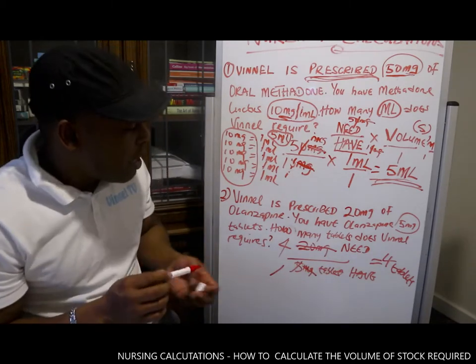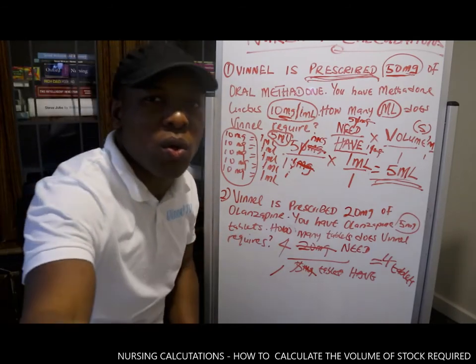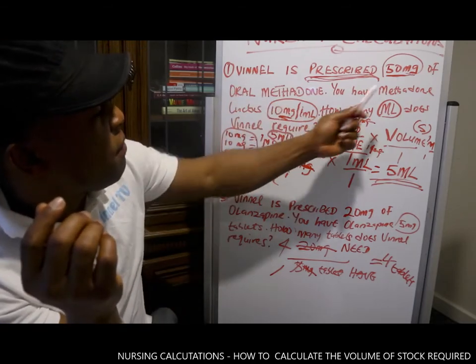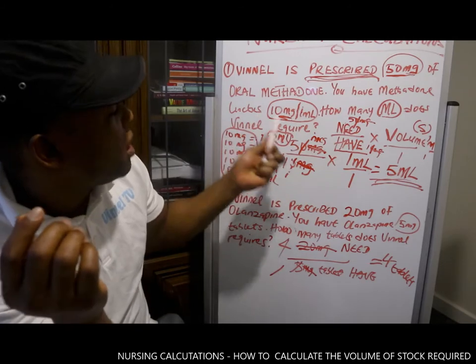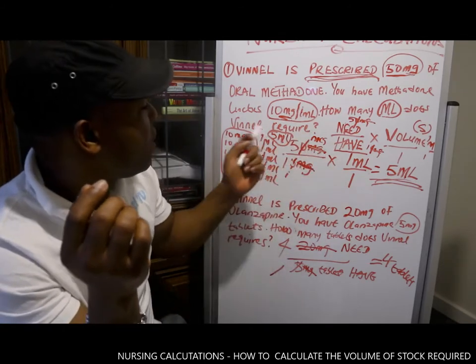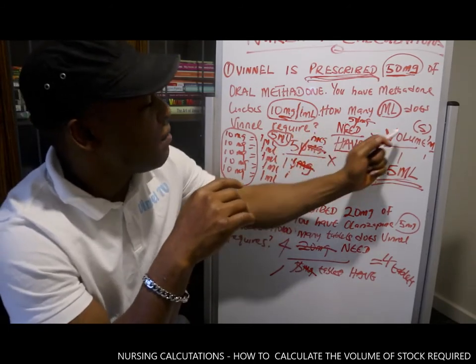Yeah, so I hope this helps you. This is how to go about this. Vener is prescribed 50 milligram of oral methadone. You have methadone 10 milligram in 1 mil. How many mils, which is the volume, does Vener require? We go by need over have times volume.